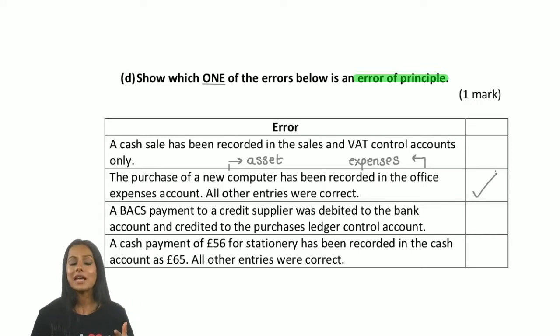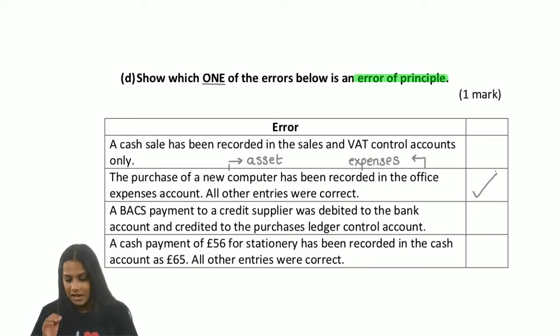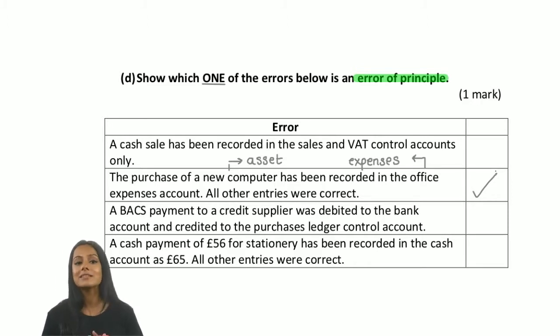But by mistake, I have debited office expenses. If I debit my office expenses, that is me debiting an expense account. But I should have debited rent, which is also an expense account. So I've chosen the correct account classification, but the wrong account. And that is an example of the error of commission.